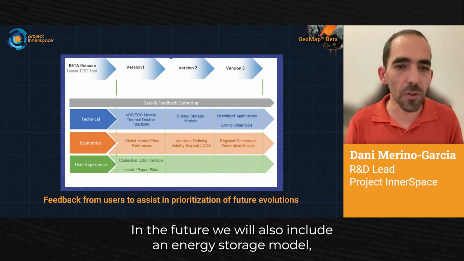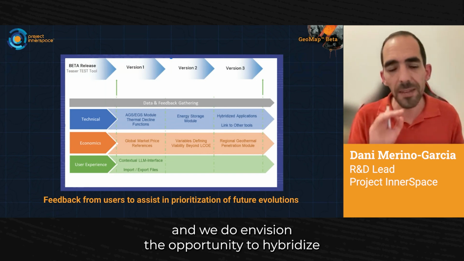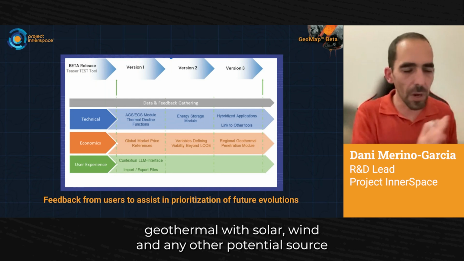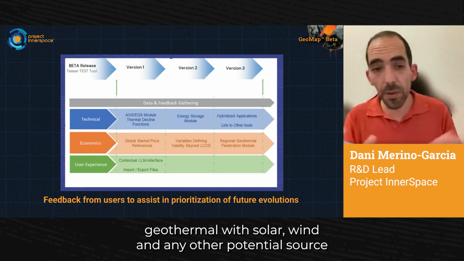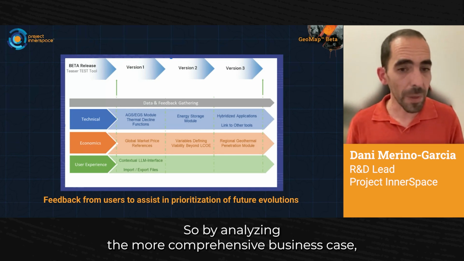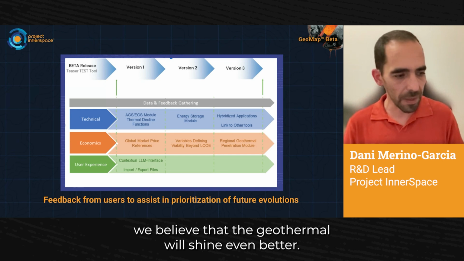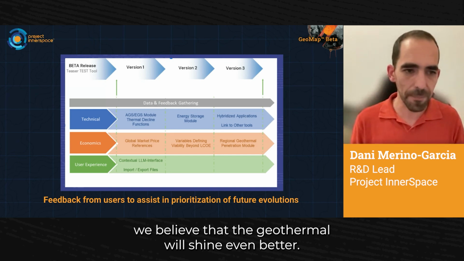In the future, we will also include an energy storage model, and we do envision the opportunity to hybridize geothermal with solar, wind, and any other potential source of renewable energy, because we do see some synergies between them. So by analyzing a more comprehensive business case, we believe that the geothermal will shine even better.